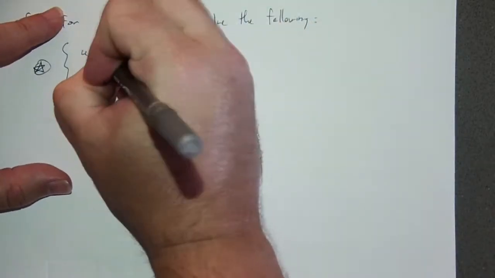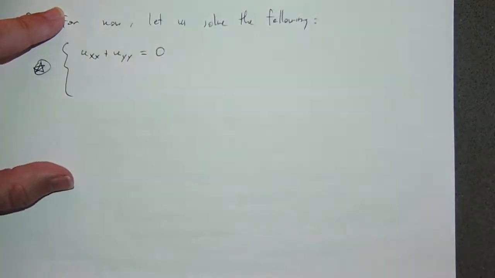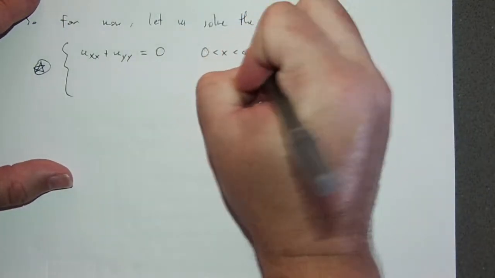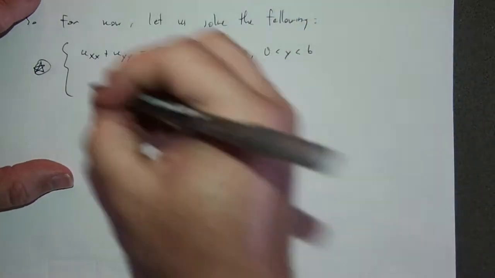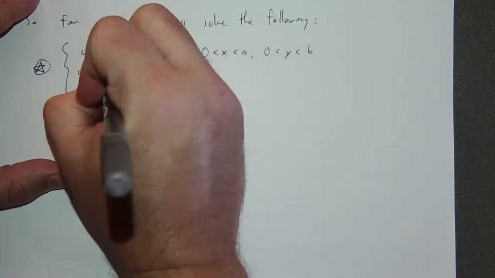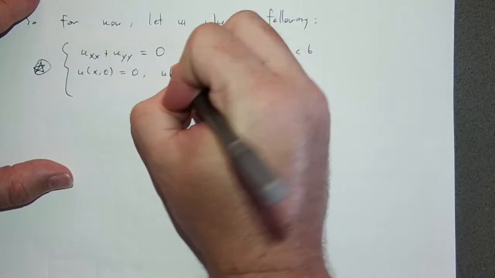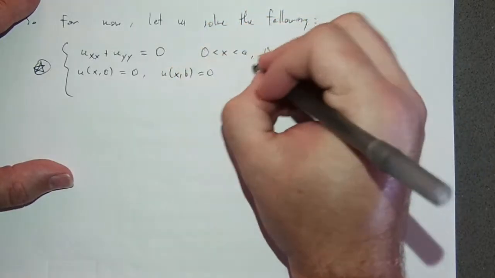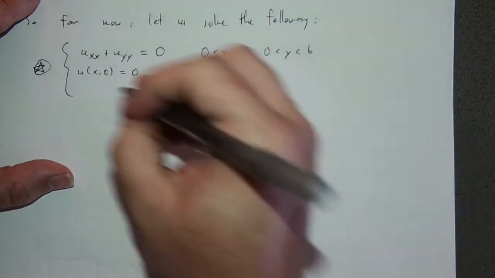So u sub xx plus u sub yy is equal to 0 on the interior of the rectangle. Okay, u of x, 0 is 0, u of x, b is 0, and this is for all values of x.